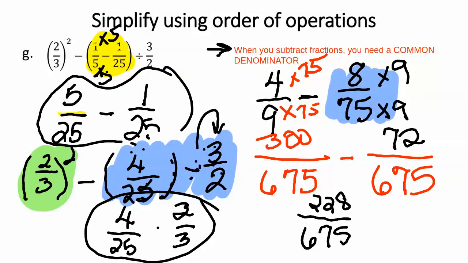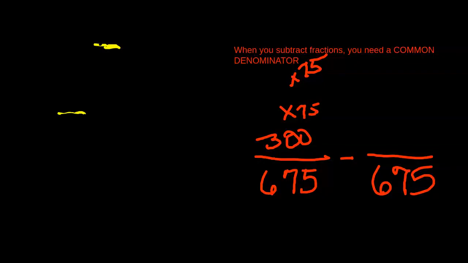Now, this is where you have to know that this fraction, 228 over 675, can be reduced.